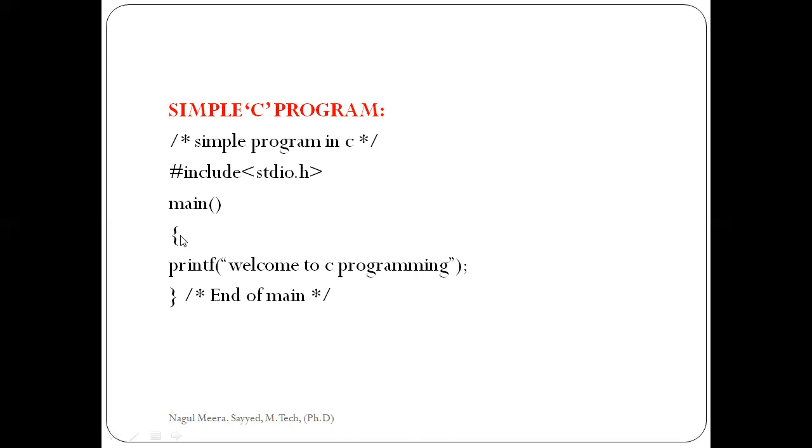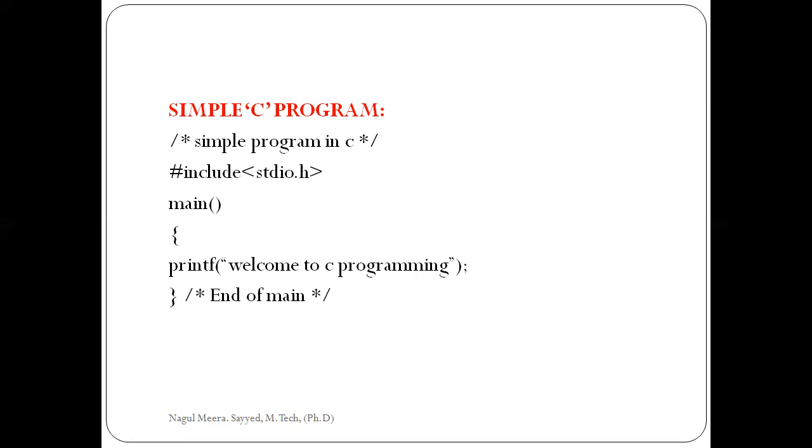Printf is the function used to print the message we have typed. Open brace, in double quotation welcome to C program, double quotation, close brace, semicolon, end. So this is the simple C program. How do we execute?